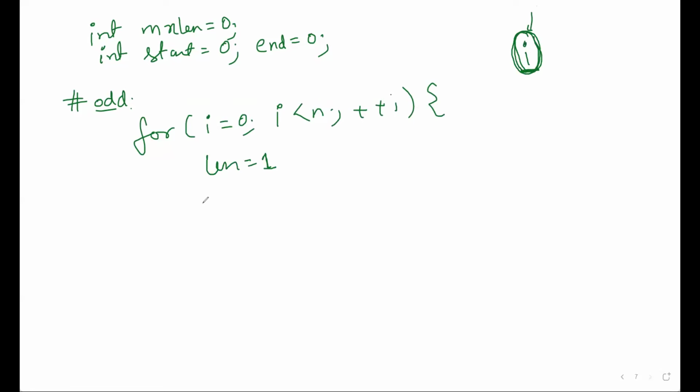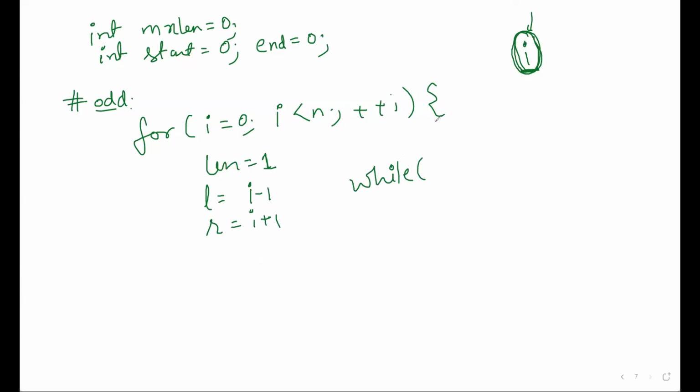Okay. And left will start from I minus 1. Right will start from I plus 1. Okay. Now you'll use a while loop. Why you use a while loop? Because you don't know how many operations you have to perform. Okay.